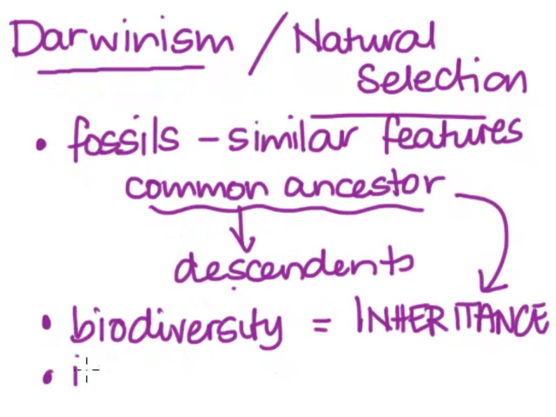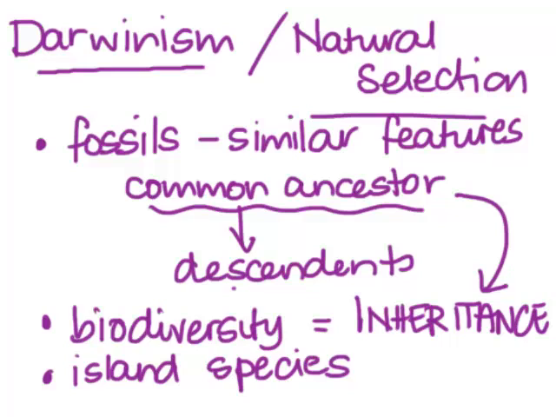Darwin was very interested in island species, and of course we spoke in our last lesson about the Galapagos Islands. He noted that unique species on islands are often similar to those on the nearest mainland, and he felt that this suggested that island species, once again, could be descendants of common ancestors that existed on the mainland.